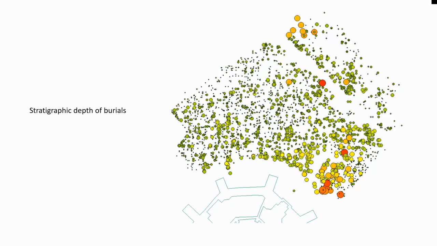So what this slide is showing is, if you imagine the stratigraphic depths that we saw, there will be some parts of the site where burials were more intensely laid down, and other parts of the site where there was a relatively shallow depth of burials. That will be manifest by burials in a certain area only going down so many levels. So this image indicates by the size of the dot and the color how deep burials were within this cemetery.